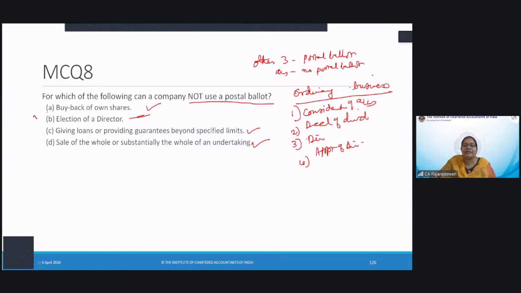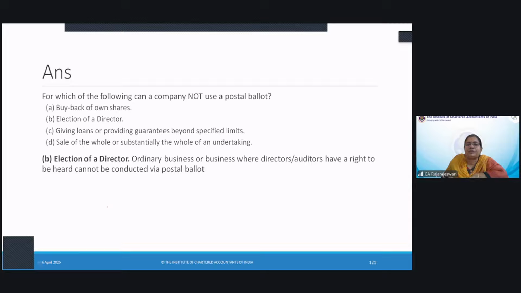Election of a director has not been specified in the mandatory requirement. For an election of director, that is an ordinary business. So postal ballot, we don't use the postal ballot. Ordinary business or business where directors or auditors have a right to be heard cannot be conducted by a postal ballot.